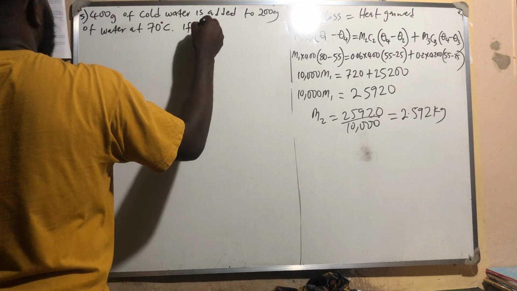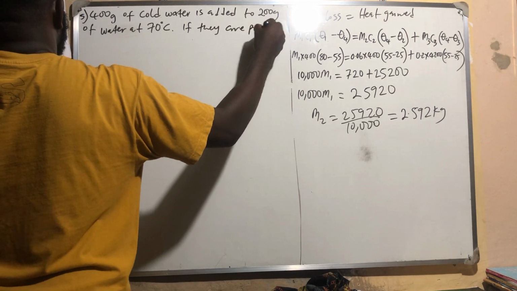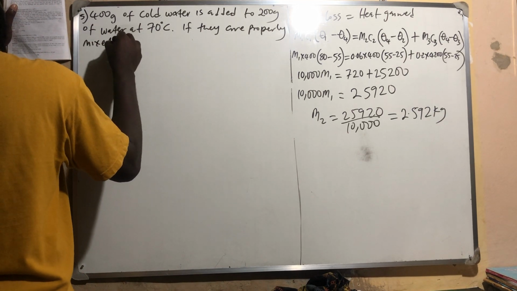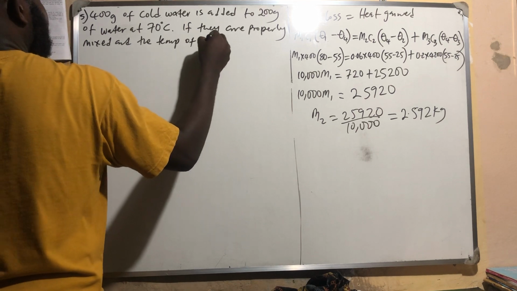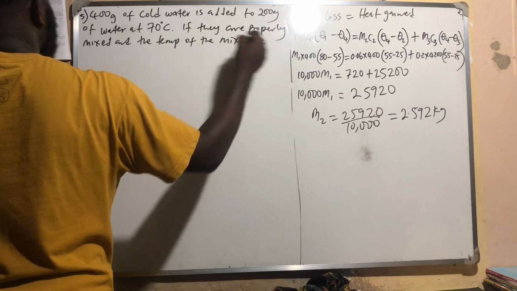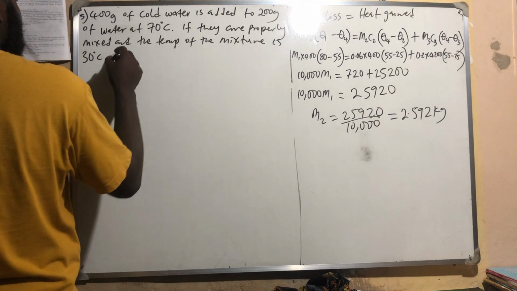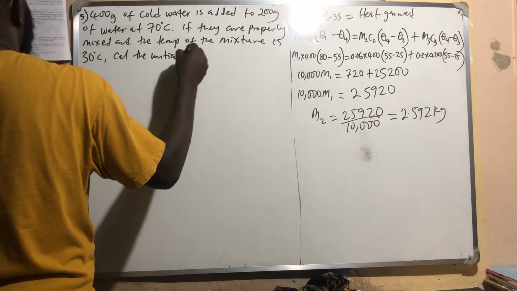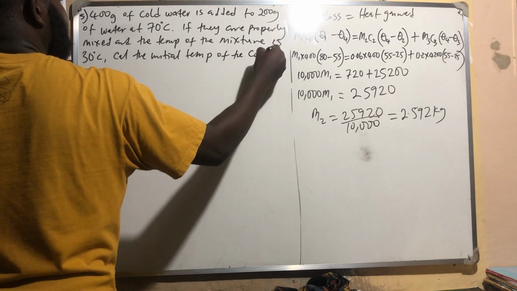Then if they are properly mixed, and the temperature of the mixture, don't forget that the temperature of the mixture is the final temperature, is 30 degrees Celsius. Calculate the initial temperature of the cold water.